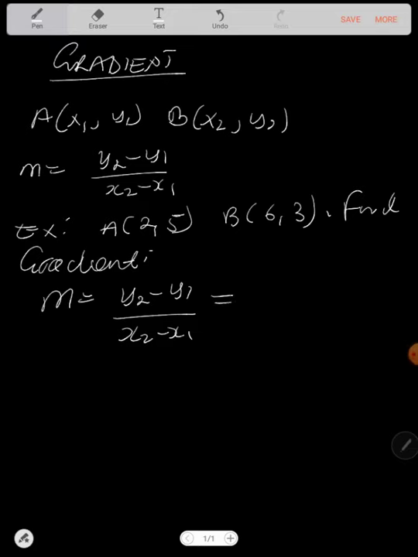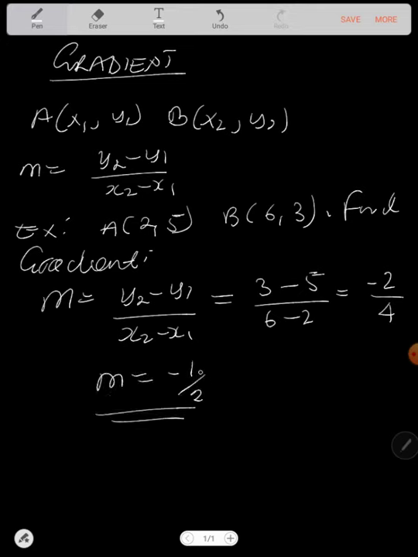Now y2 is this, so it will be 3 minus y1, which is 5, over x2, which is 6, minus x1, which is 2. So give you negative 2 over 4. Hence gradient is equal to negative 1 over 2. So since the gradient is negative, this line is sloping down like that.